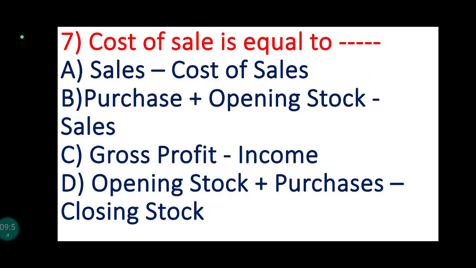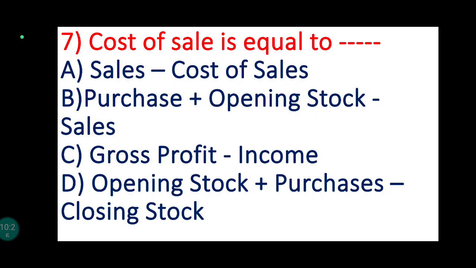Point number 7, cost of sales is equal to. Cost of sales means cost of goods sold. We have seen before that the cost of goods sold formula is opening stock plus net purchases less closing stock, and net purchases means purchases plus wages plus carriage inward less return outward.